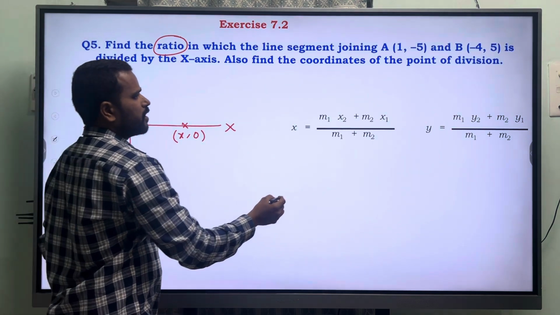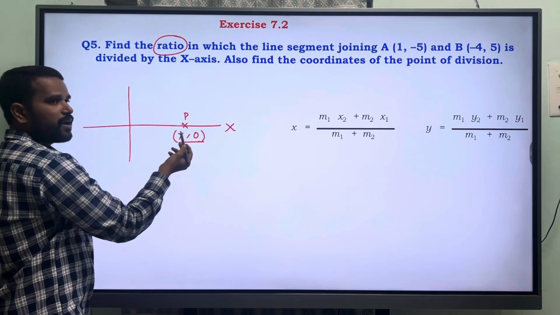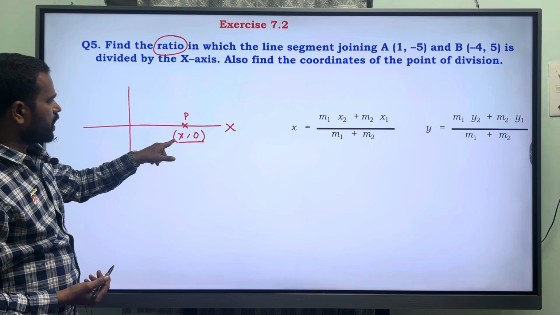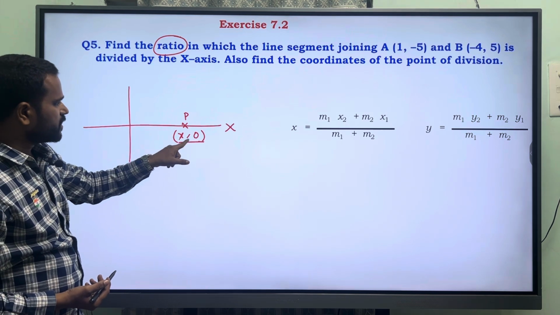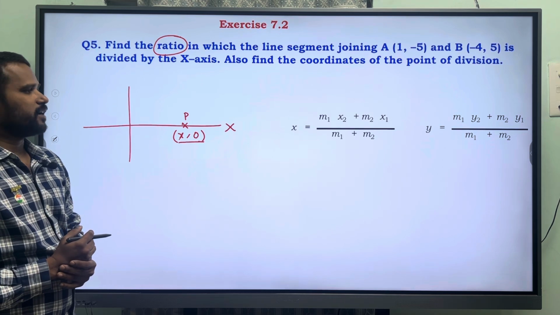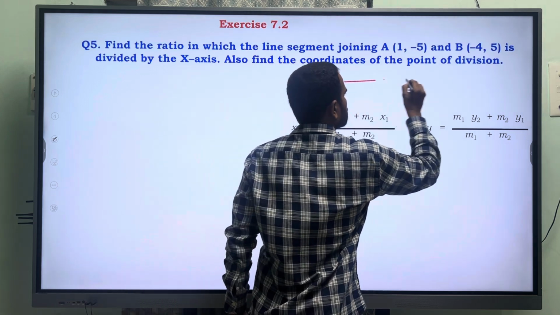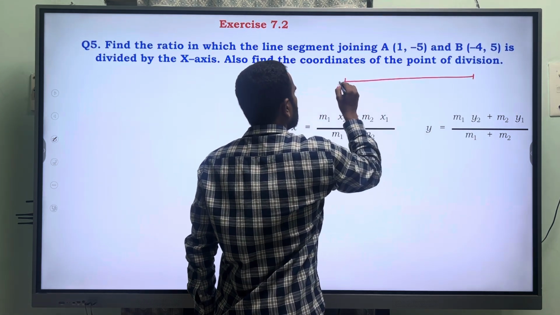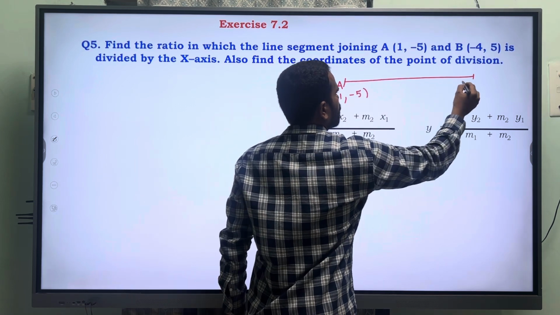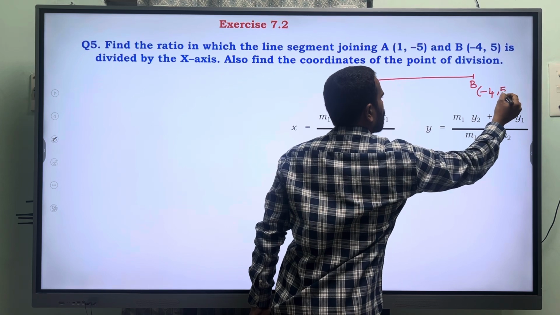So here x comma y, that point P's coordinates are x comma 0. Why? Because that point is cut at the x-axis. On the x-axis y value is 0, only we will have the x value. Understand? Now see here, let us take a line segment A (1, minus 5), B (minus 4, 5).